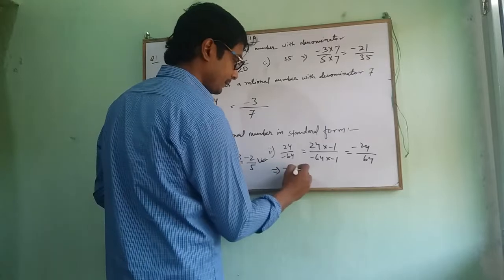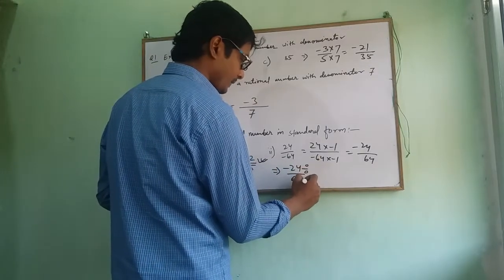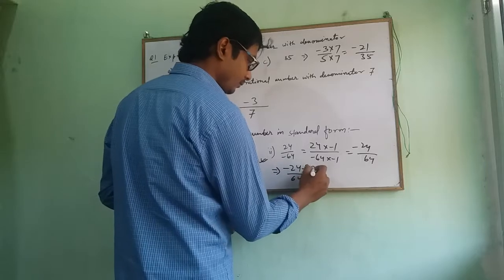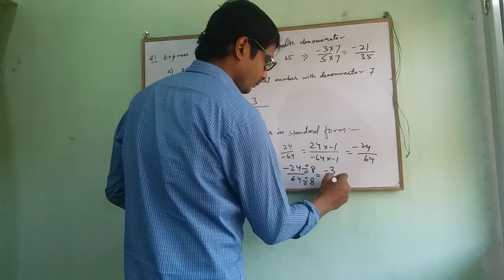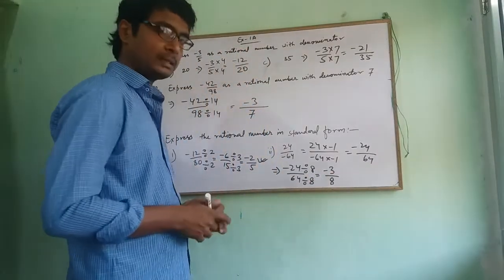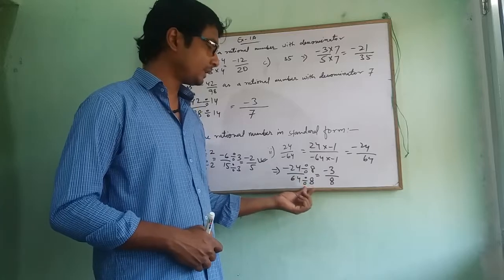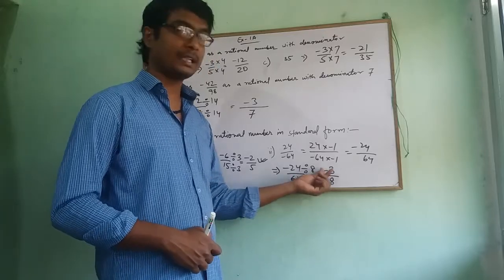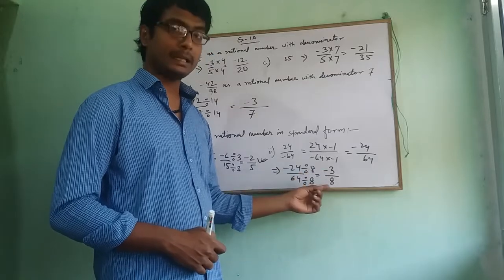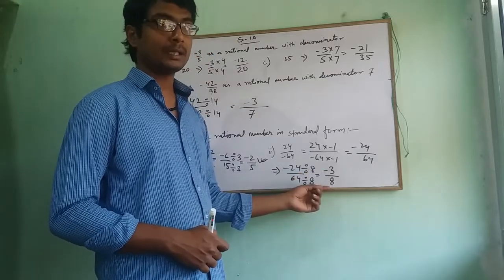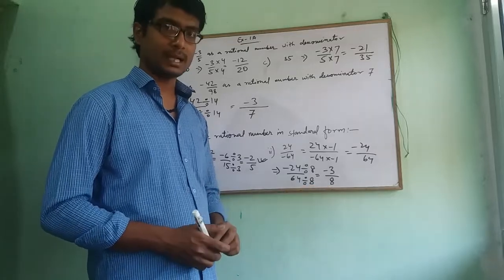So let's divide it. Now you can see here, when I divided both the numerator and the denominator by 8, I got minus 3 by 8. Now you can see that minus 3 and 8 have no common divisor other than 1. So therefore minus 3 by 8 is in standard form.